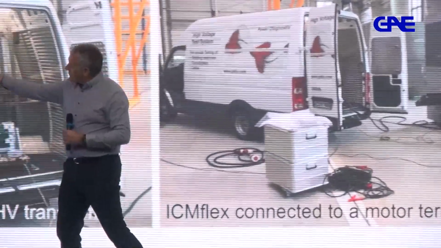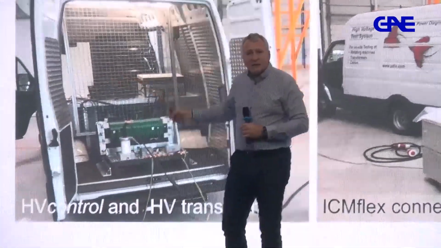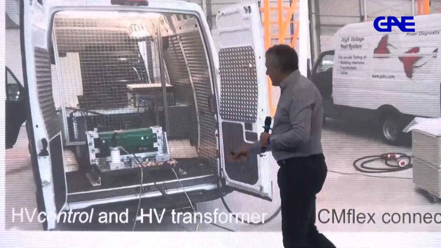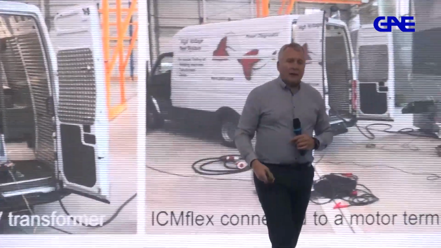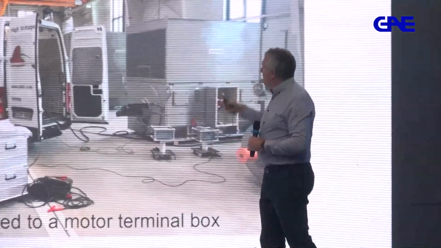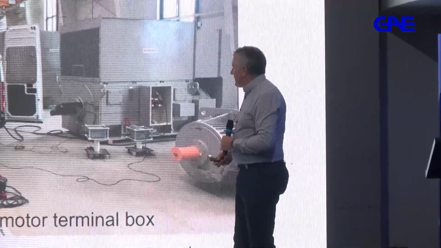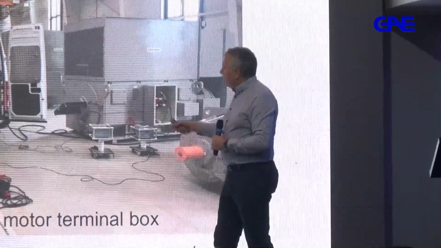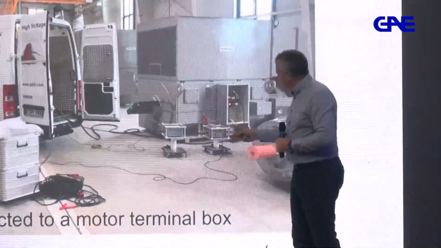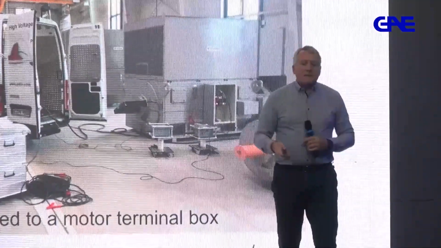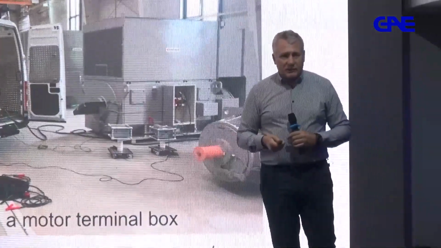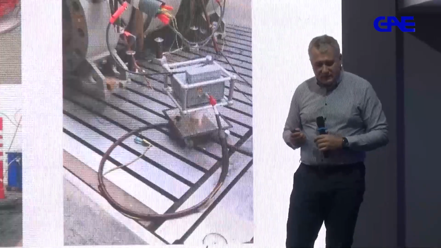We can have a power supply that is controlled in voltage, and this step-up transformer gives exactly the needed voltage for the single-phase testing of this particular motor in this case. So we will connect to the terminal box. You can see the Flex, the filter, and then more or less it's a push-button exercise to get the partial discharge information based on those standards.